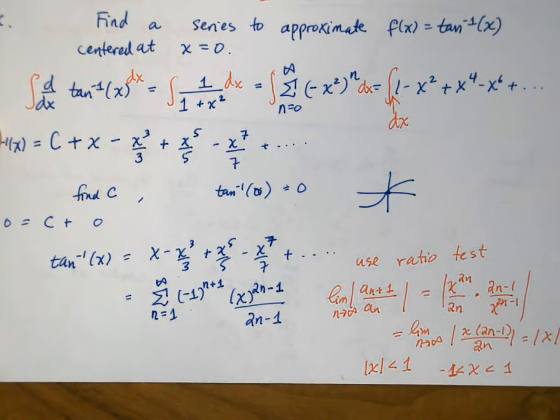Now, in this case, this is not strictly a geometric series anymore, because you have some other terms of n in here. So we do have to check the endpoints.